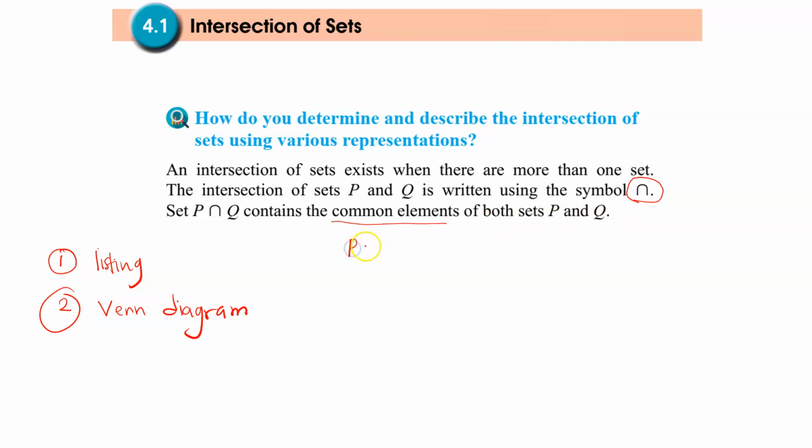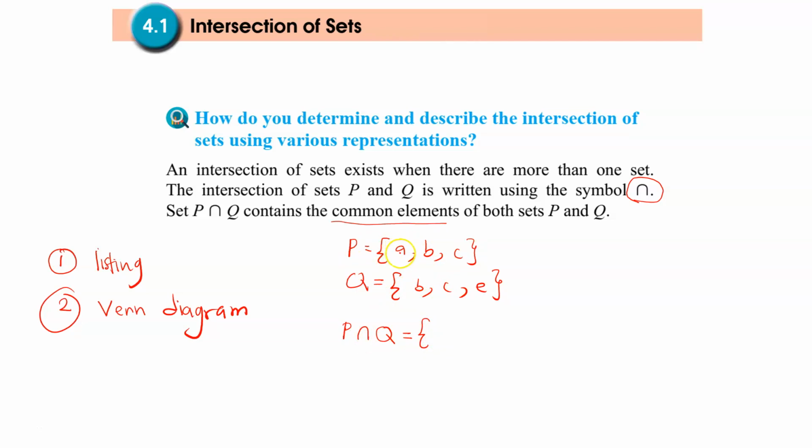For example, set P is A, B, C. Set Q is B, C, E. So, the common elements for set P and Q, we call it P intersect Q. If they have the same elements, or share the same elements, that is the intersection between set P and set Q.